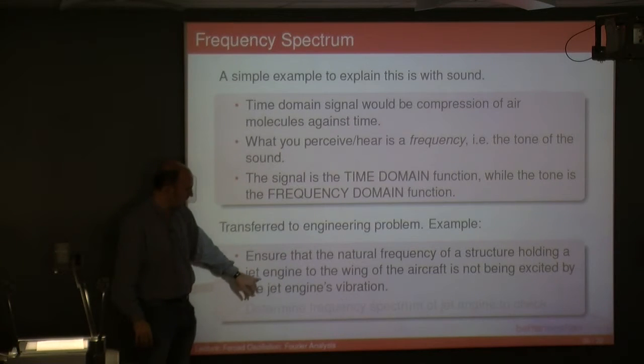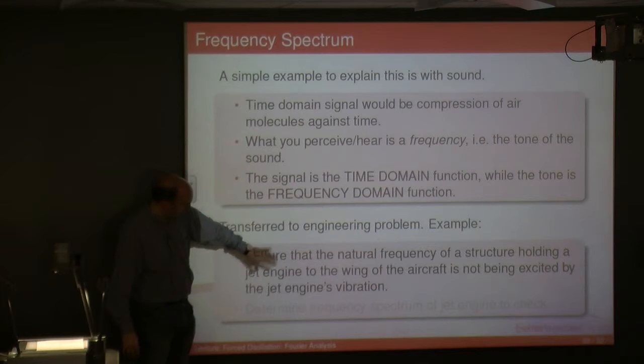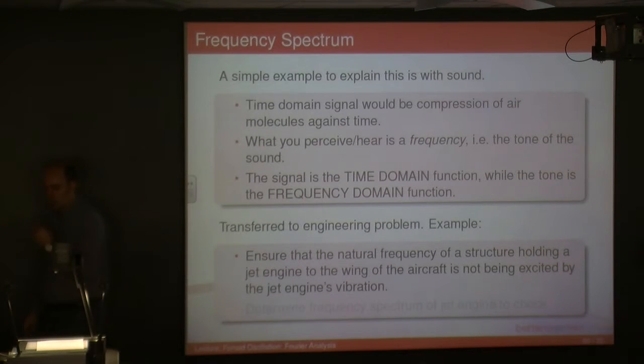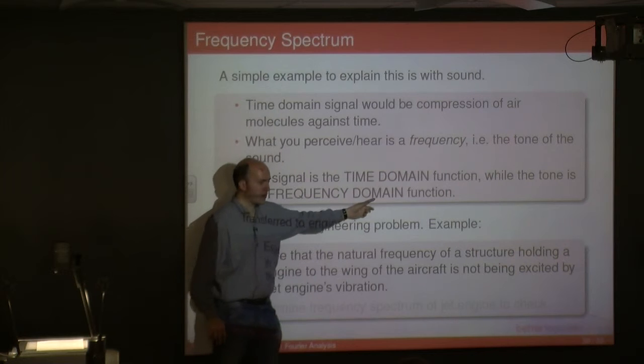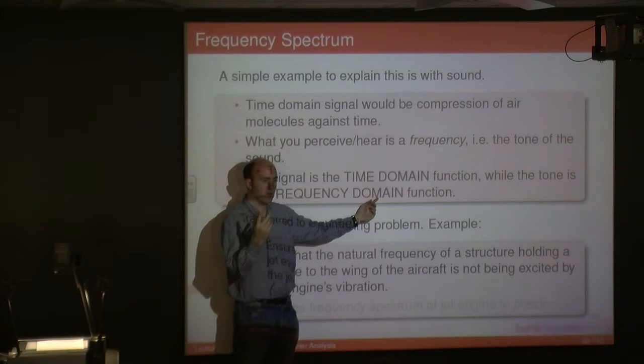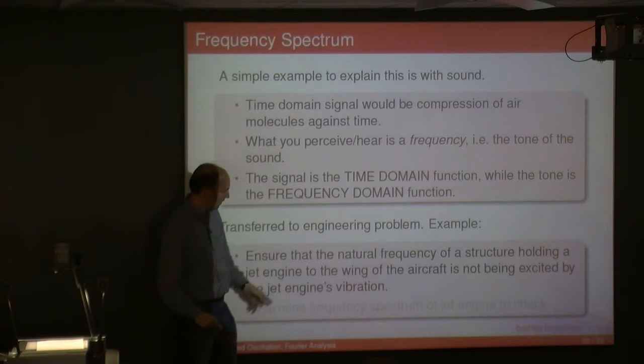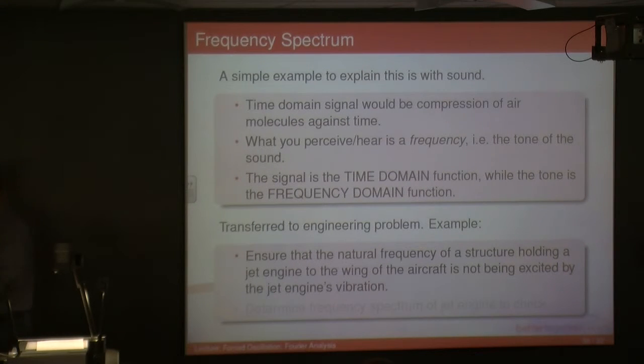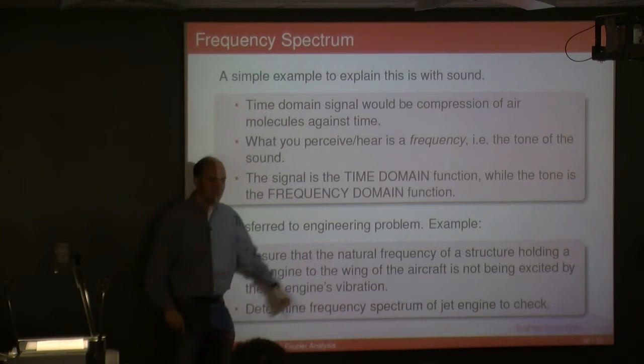But what you can do is look at the structure and shake it randomly, and that shaking randomly will give you a time domain signal. You convert that to the frequency domain signal and you get a peak at its fundamental or natural frequency. Once you do that, you can determine whether the excitation of the jet engine is going to excite your spring, essentially.